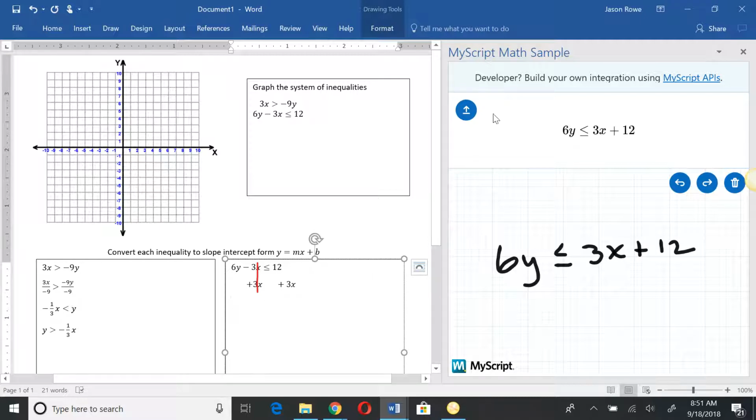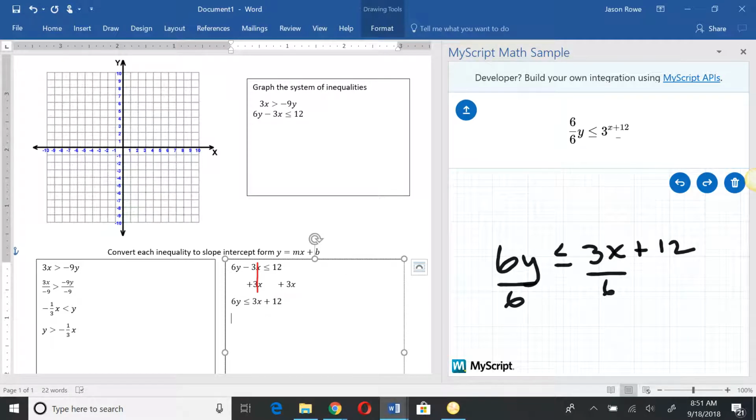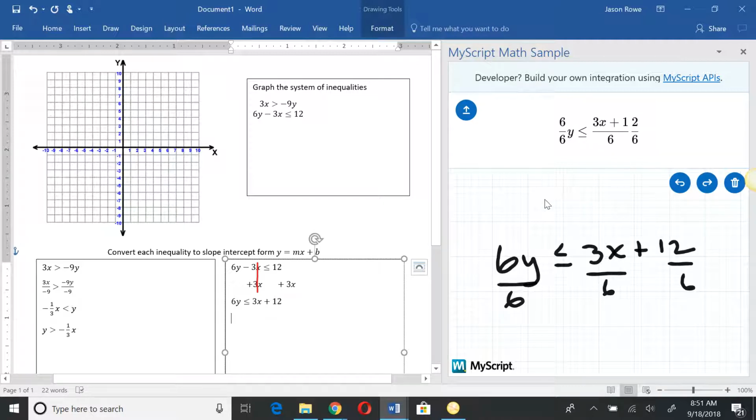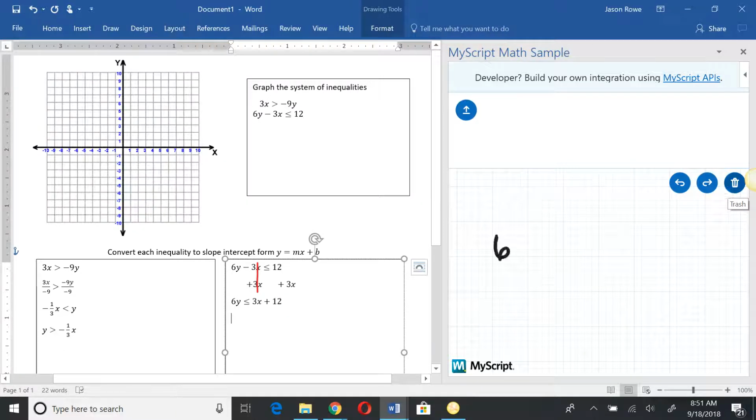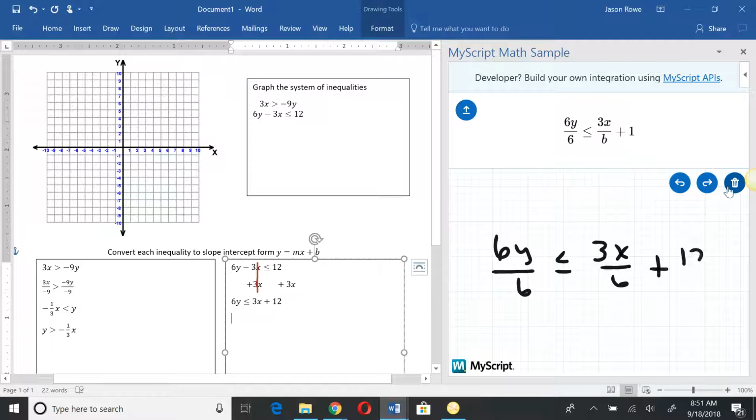Then the final step is to divide both sides by 6. I don't like the way that looks, so I'm going to rewrite the whole thing. I'm going to divide 6y by 6. I've got 3x divided by 6 plus 12 divided by 6.